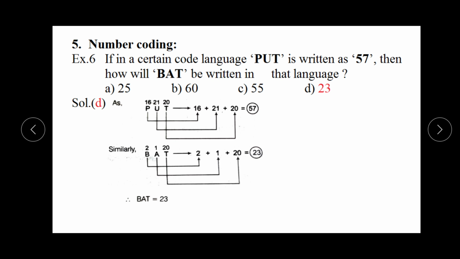It means we have got the pattern for the word put. So we will apply the same pattern on the word bat. The position of B is 2, A is 1, and T is 20. When we add these 3, 2 plus 1 plus 20 is equal to 23. It means this is the fourth option.